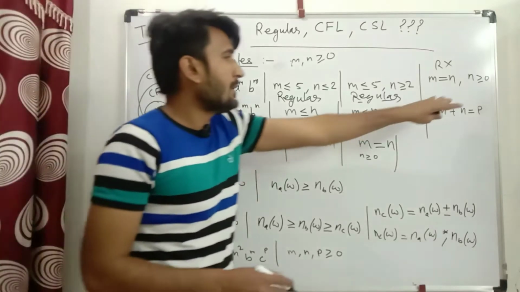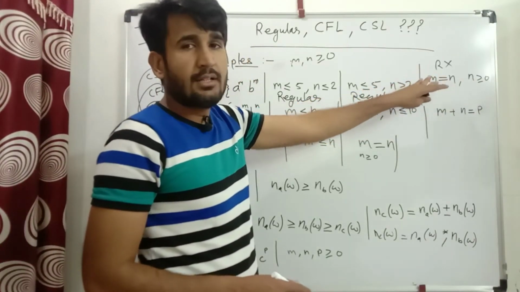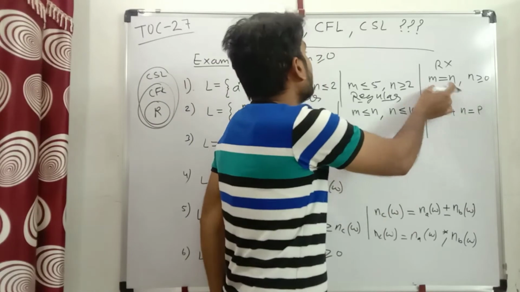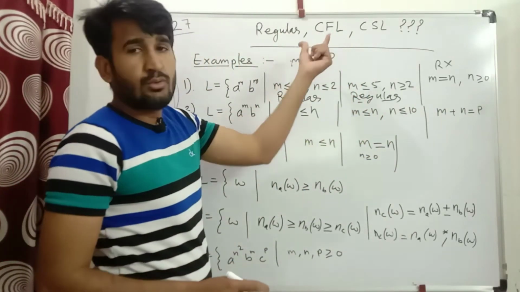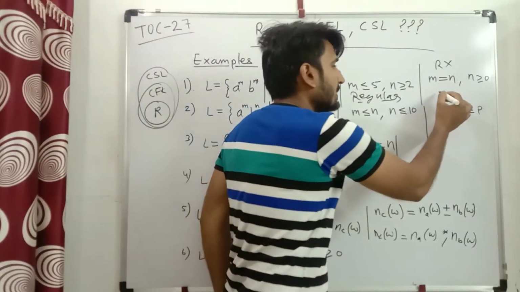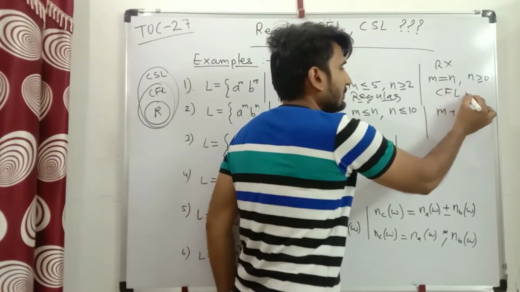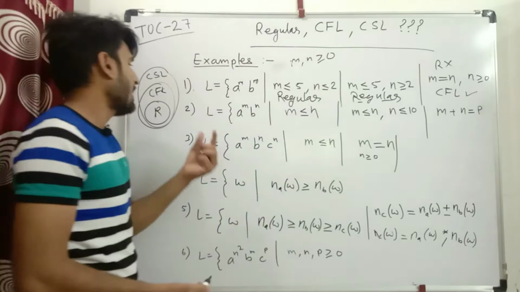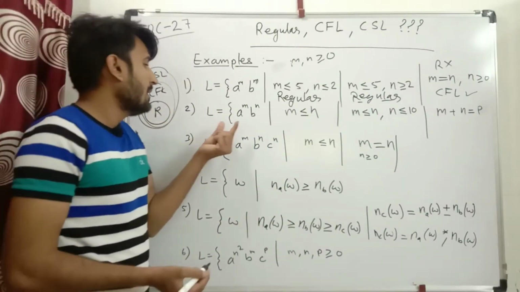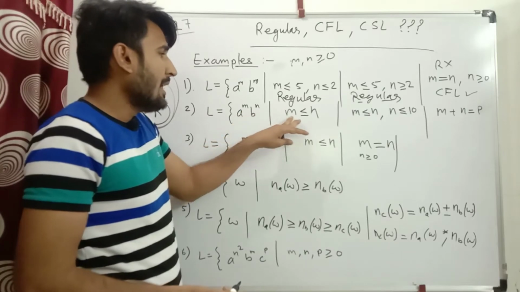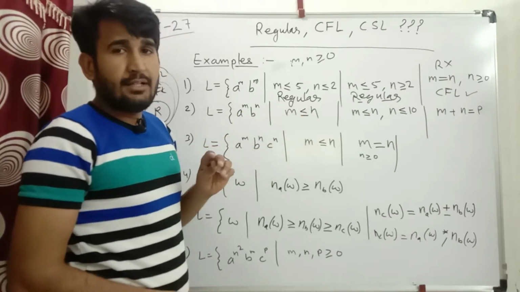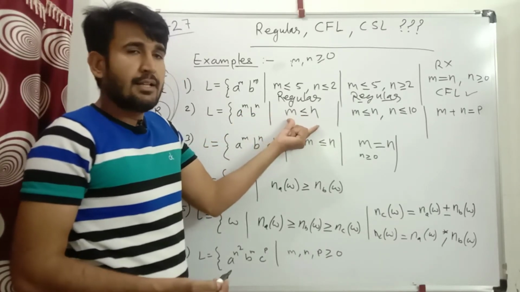Next point: this is not regular, so we look for CFL. There is one comparison, and a CFL can do one comparison, so it is CFL. Next example: a^m b^n, where m is less than or equal to n, meaning there is a comparison.